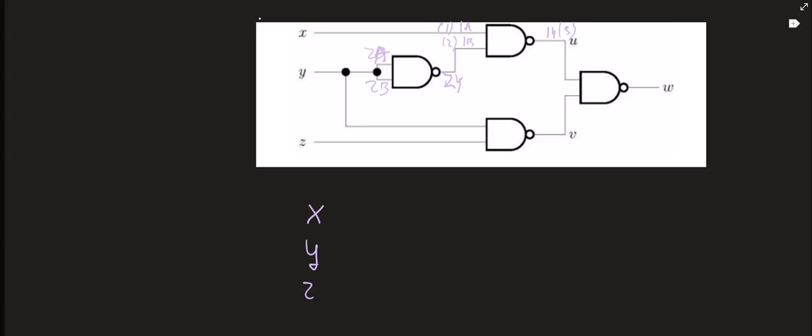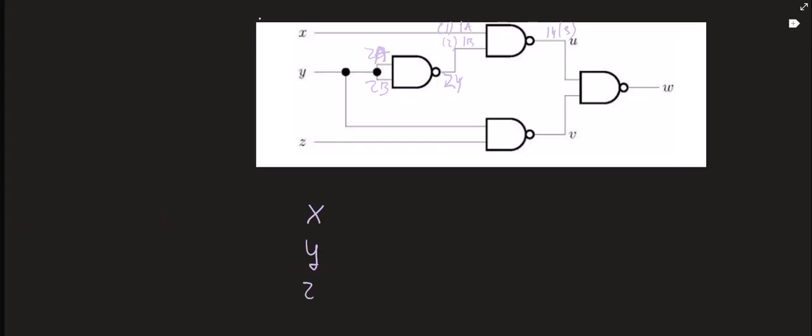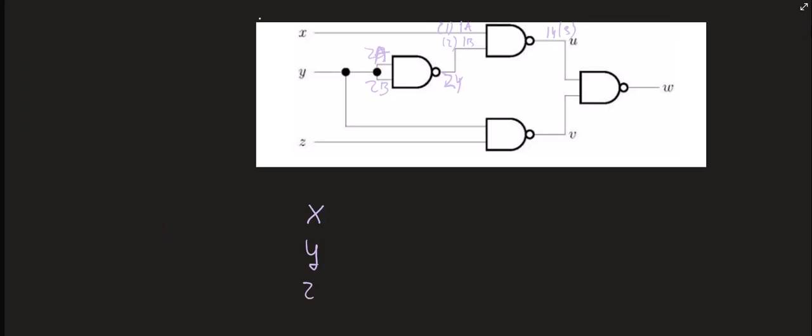I had X going to pin 1, and I had Y going to 2A and 2B, and I had Z. I didn't have what Z was going to, so I had Z going to 3A.